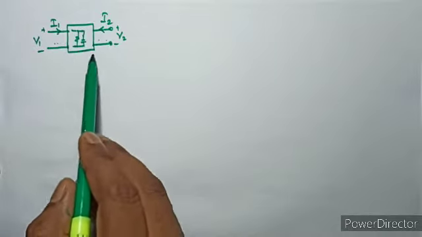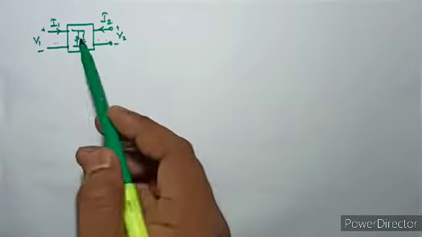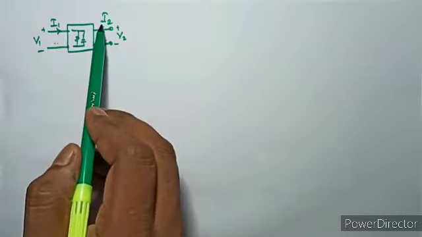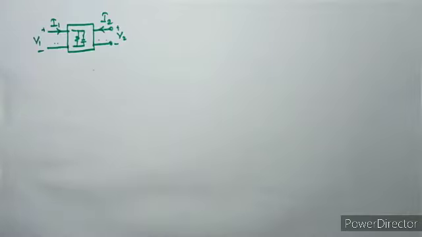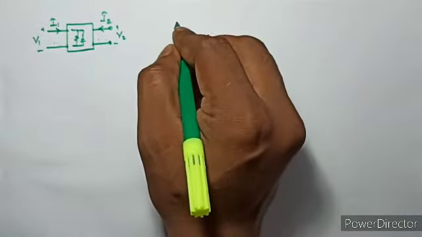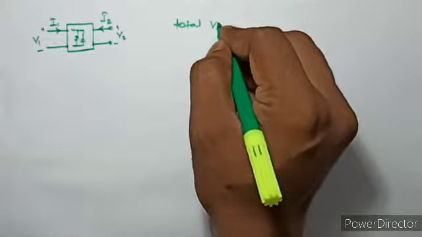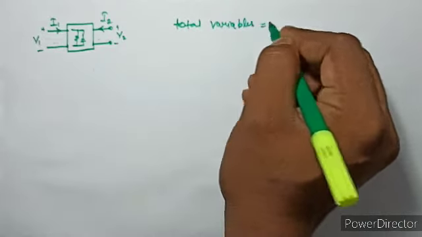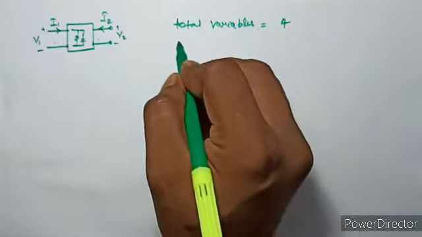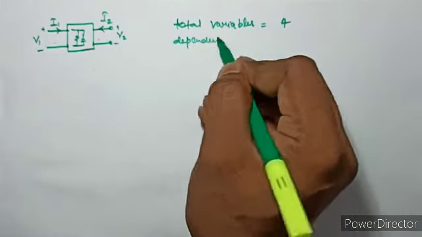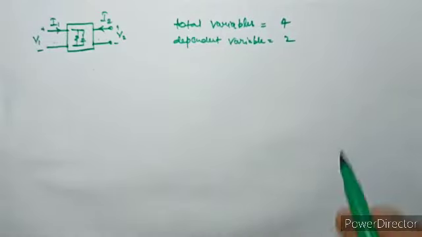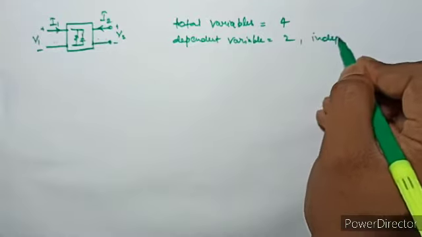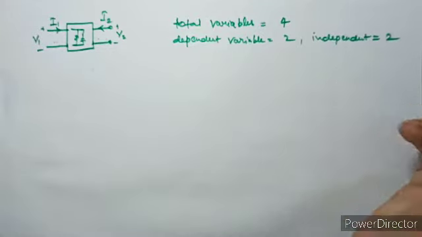Now to characterize these networks, we have four variables: V1, I1, V2, I2. Out of these four variables, we will have two dependent variables and two independent variables. Total variables is 4; out of this, dependent variables are 2 and independent variables are 2.